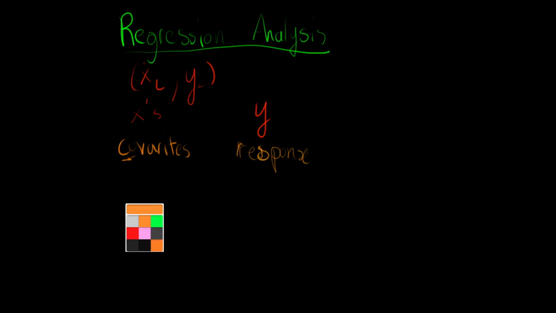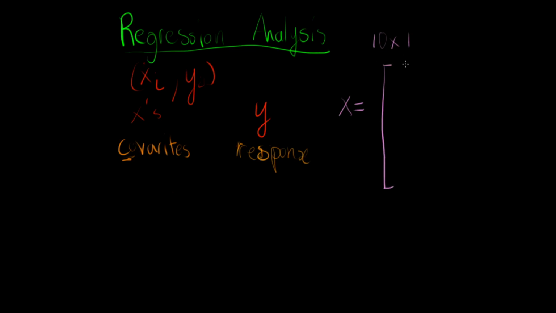So what does that mean? Well, we like to use vectors, which means x is now a vector of 10 by 1 in our case. Using the same subscript, we have x1, x2, all the way down to x10, and these are the measurements.